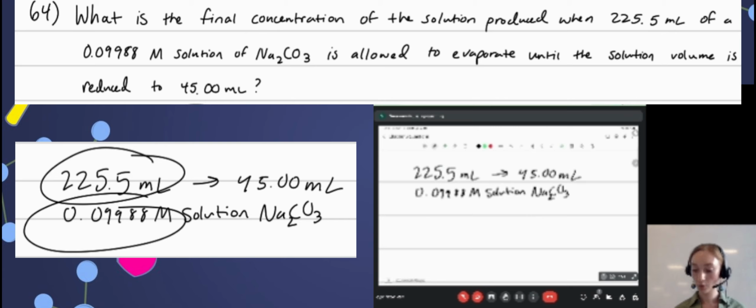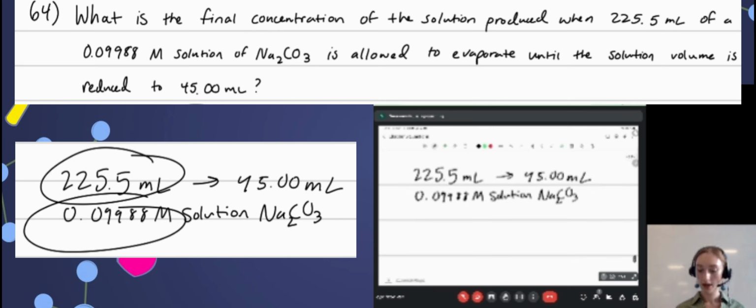So we have the molarity of this concentration, but the volume is going to be reduced, so that's going to change the end concentration. So that's what we're going to answer.